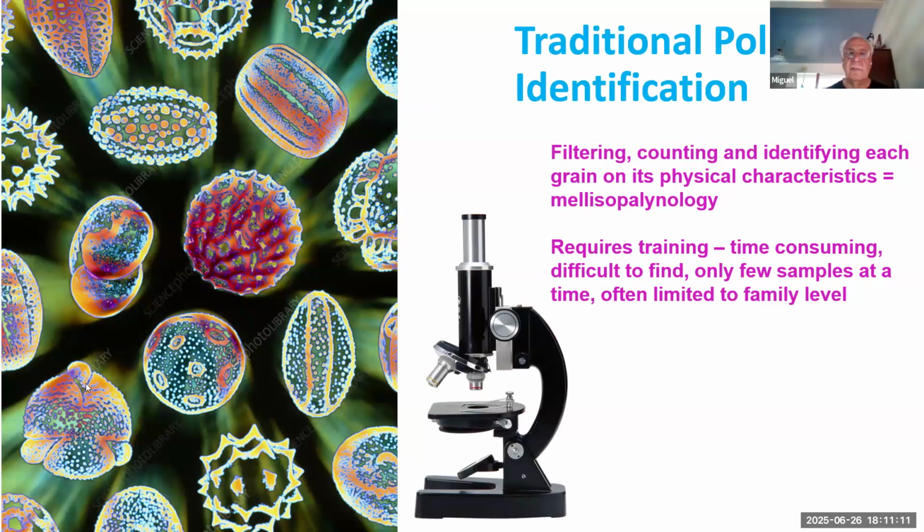Okay, so traditional pollen identification, some of you may know this, some of you may not. I always think it's worth bringing it up. I know that there was a gentleman, a faculty at Texas A&M, that for years did this kind of work.